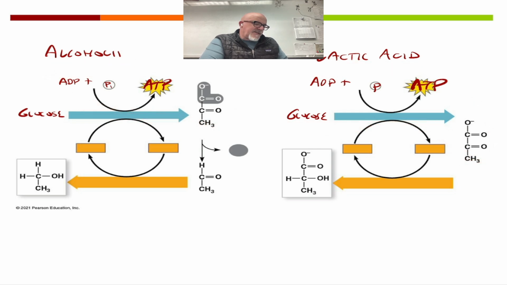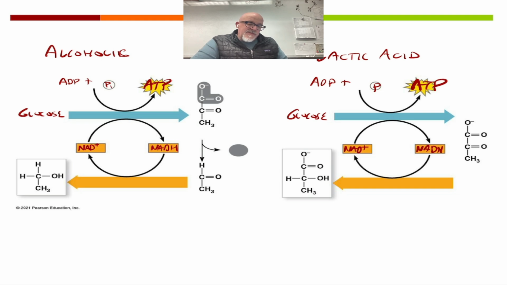Alcoholic fermentation and lactic acid fermentation are the same here. We also know that right here, what do we have coming in? We have NAD plus and NAD plus, and we're making NADH and NADH.